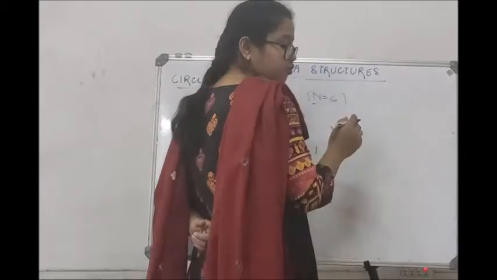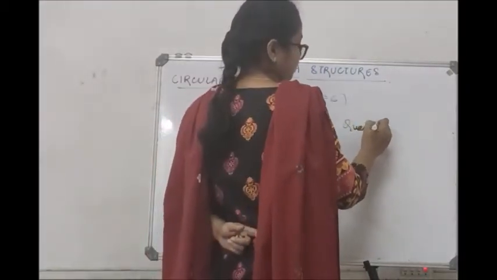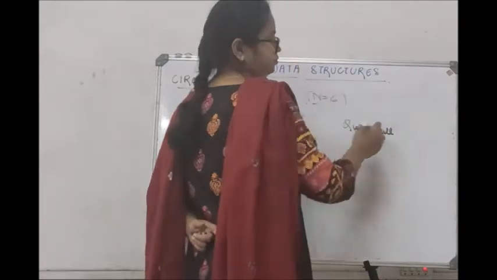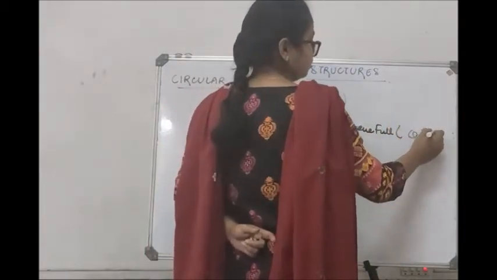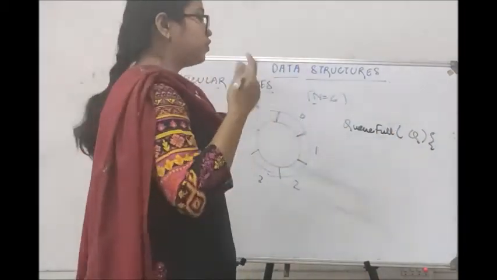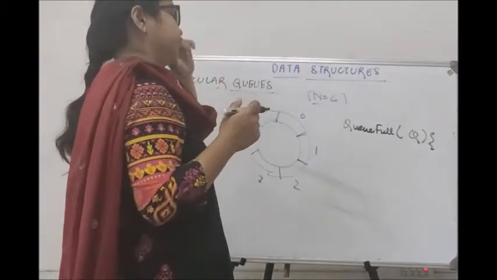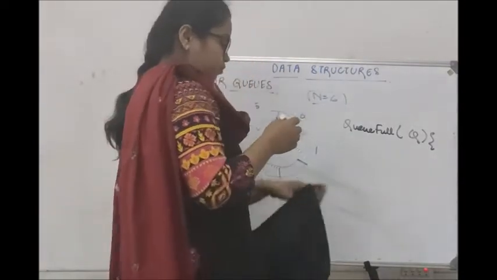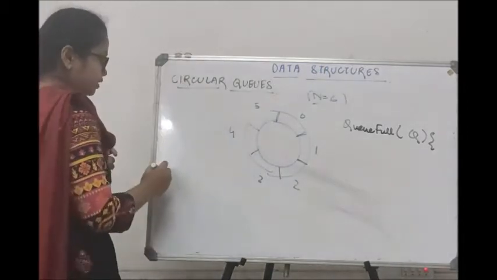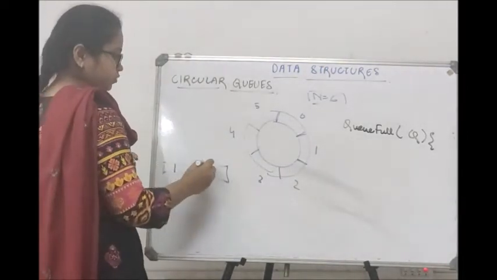When is queue full? I am writing the function for queue full in a circular queue. In circular queue, we can think of it like a linear queue.